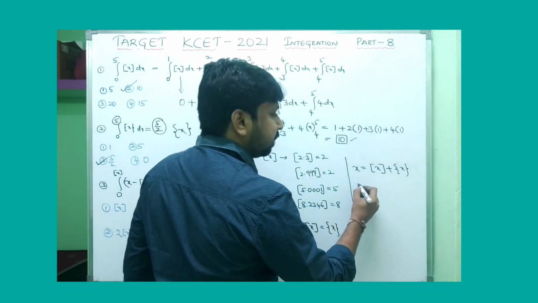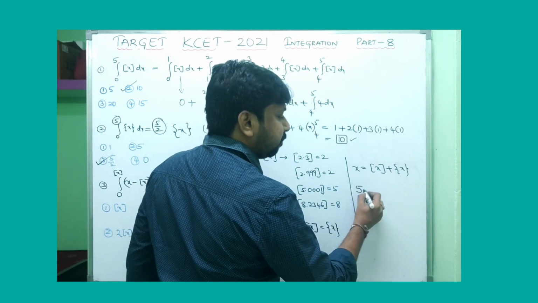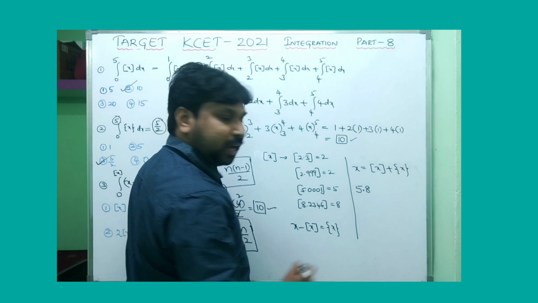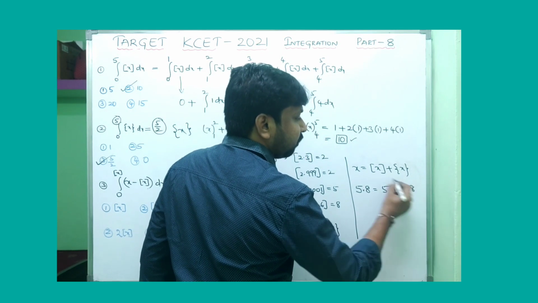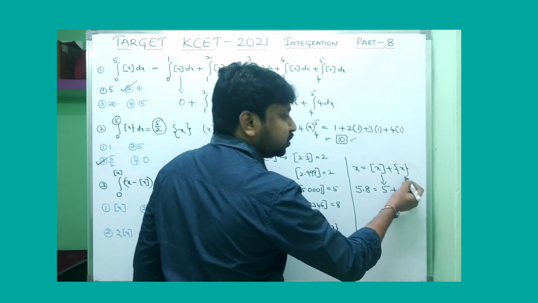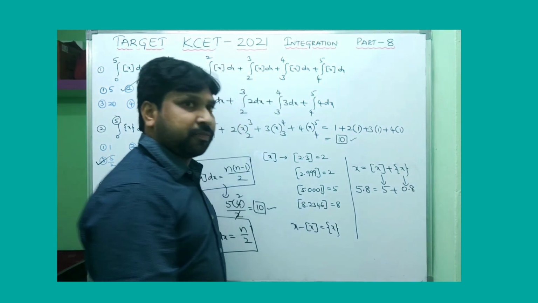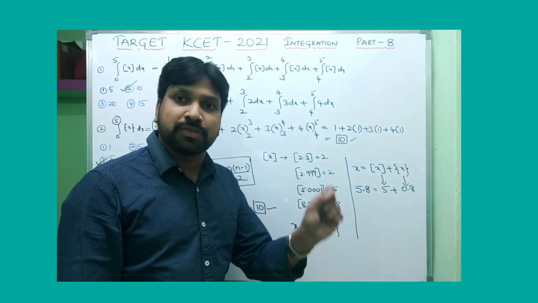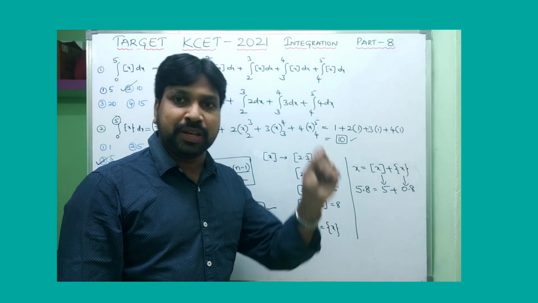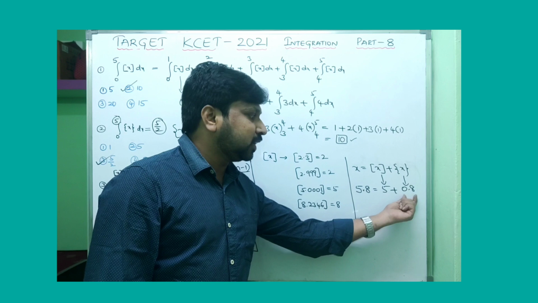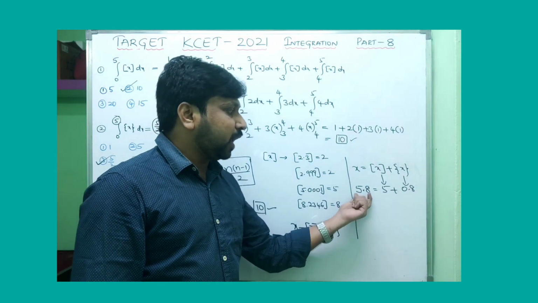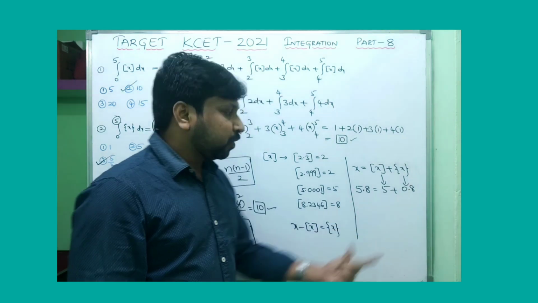For example, 5.8 can be expressed as 5 plus 0.8. 5 is bracket x, 0.8 is the fractional part of x. The fractional part of x always lies between 0 and 1. So 5.8 we are going to split like this.